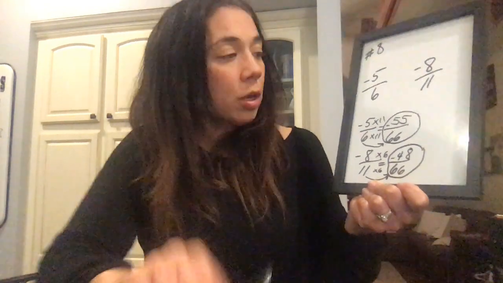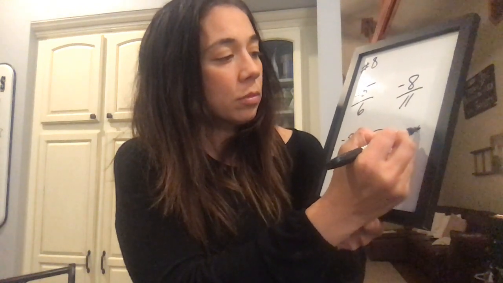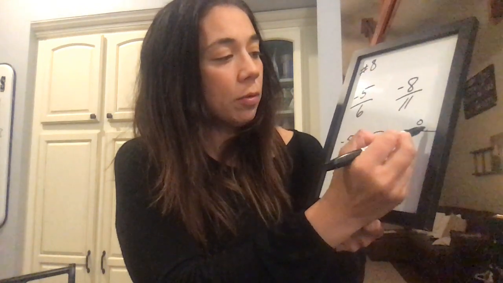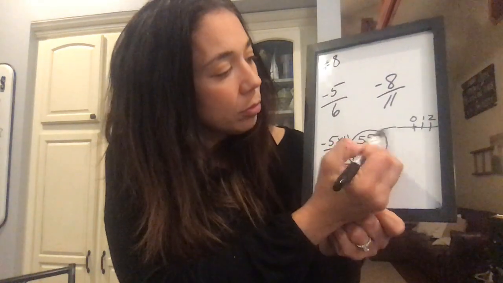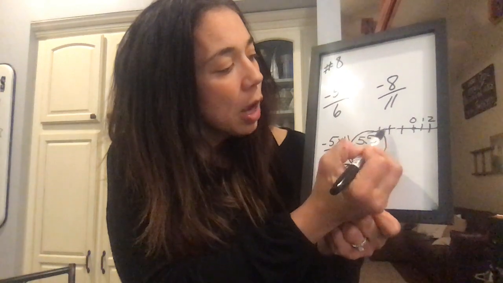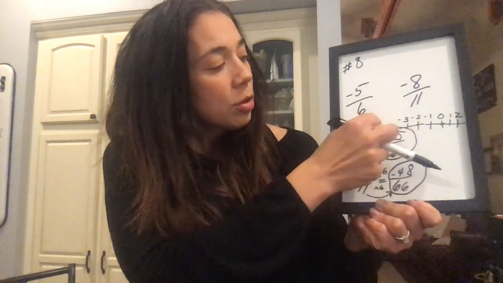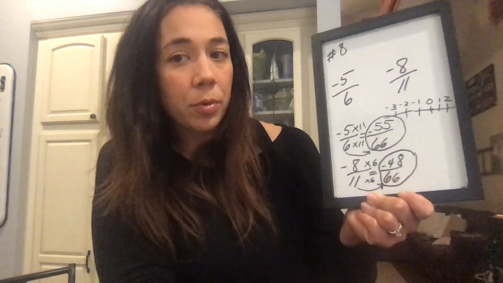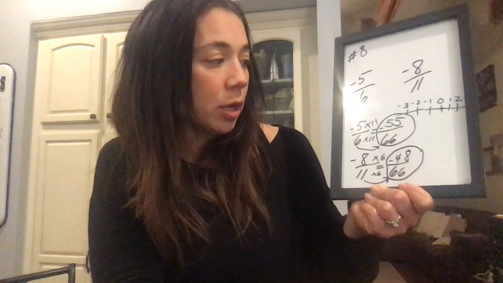So if our number line is here with a 0, and 1 is here and 2 is here, and all the numbers this side are negative numbers, the bigger the negative number is, the smaller it is, the further away from 0 it is.